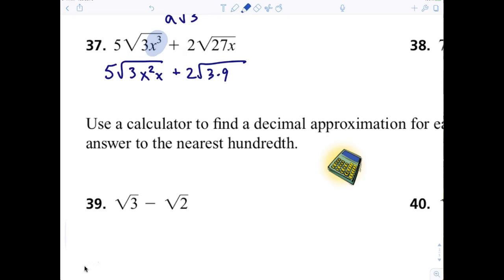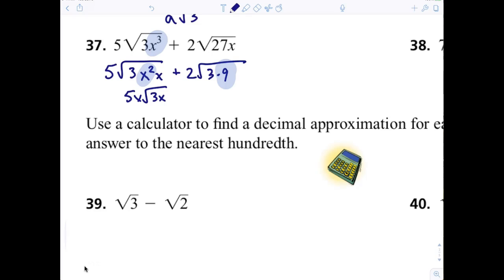Okay, so let's highlight the perfect square. So when I pull that out, it becomes what? Say it. No, I don't want the final answer. 5 what? 5x radical 3x. Is everybody okay with that?